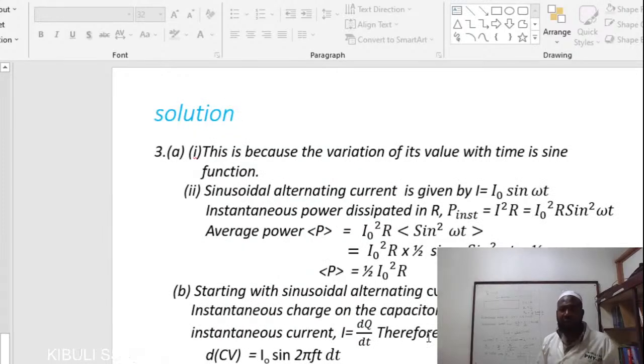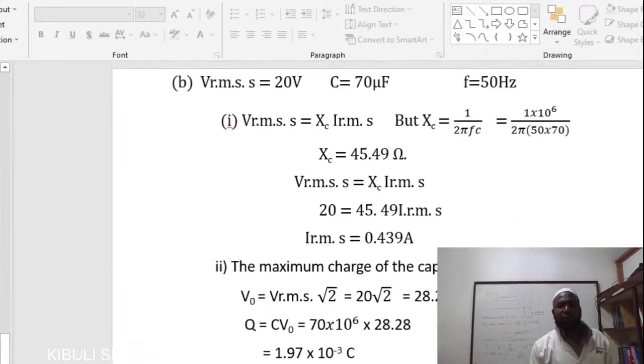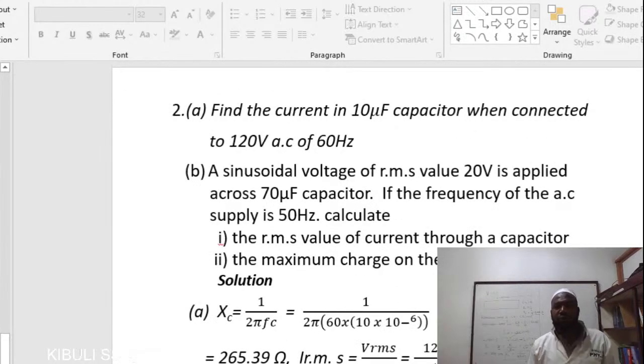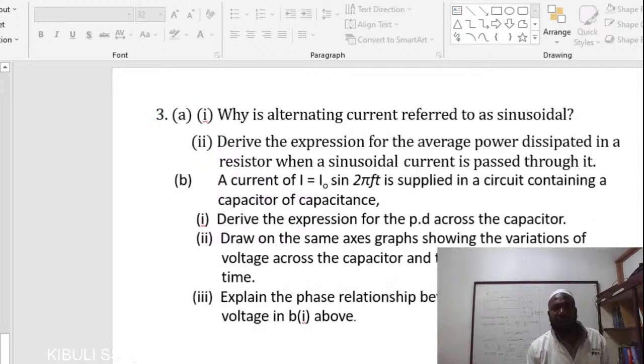So we said the variation of its value with time is a sine function. We also said, according to part B of the question, we are meant to derive an expression for the average power dissipated in a resistor. That one we already have in our notes.